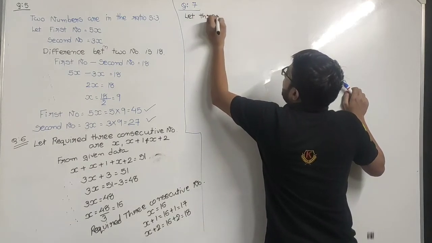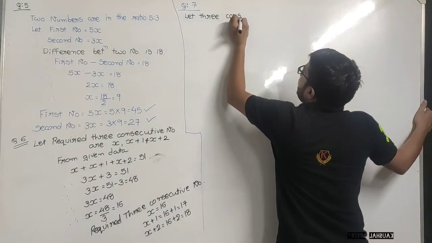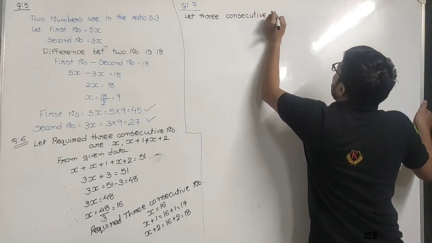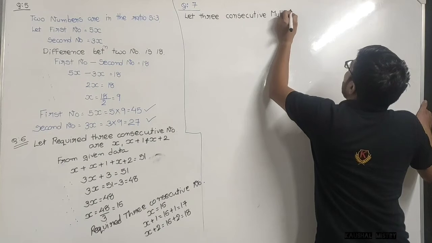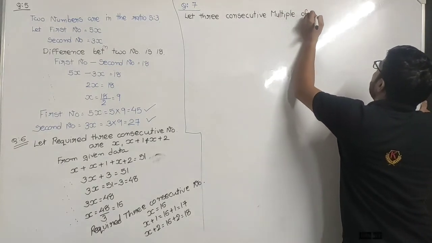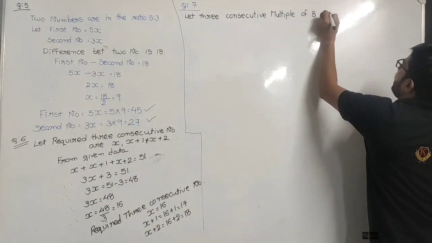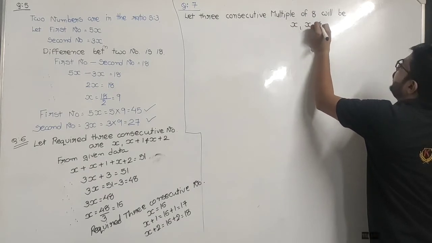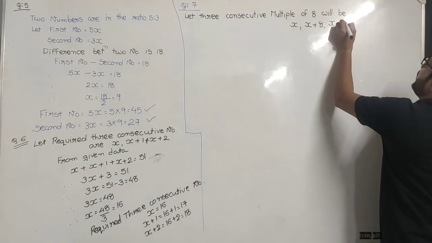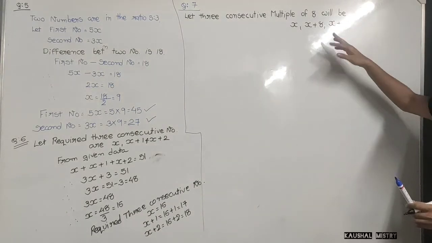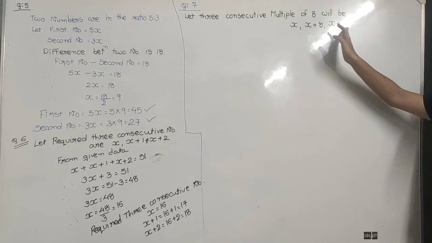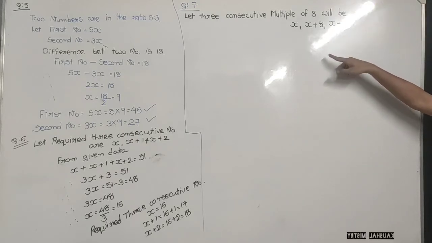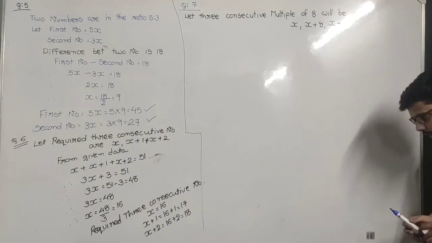Let 3 consecutive multiples of 8 be x, because in the table of 8 the second number will be 8 bigger than the first, and the third number will be 8 bigger than the second, so the third is 16 bigger than the first. So you have to assume x, x plus 8 and x plus 16, right?